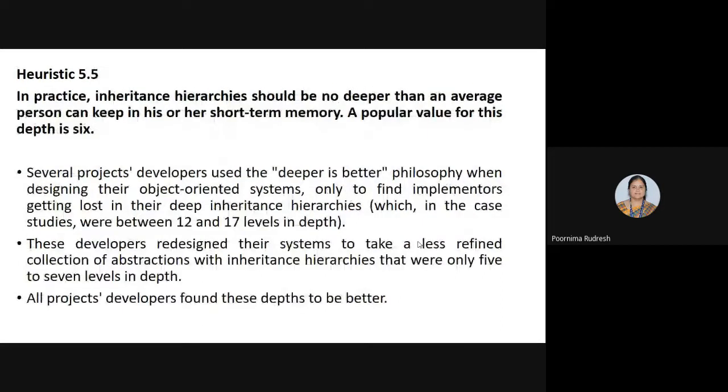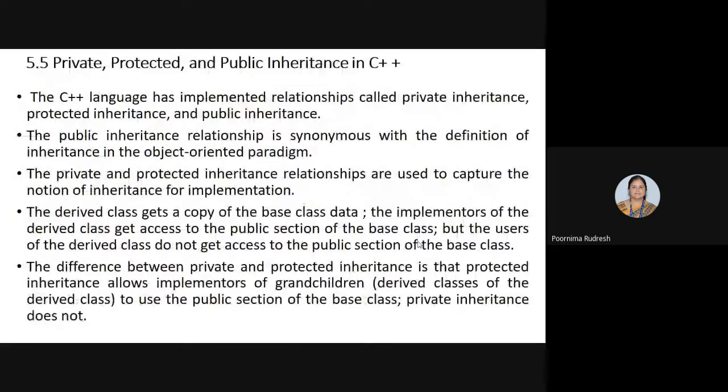So today you're going to study about the private, protected and public inheritance in C++. You already know what public, private and protected mean generally in the object-oriented paradigm, right? In the previous class, we discussed public, private and protected with respect to the object-oriented approach.